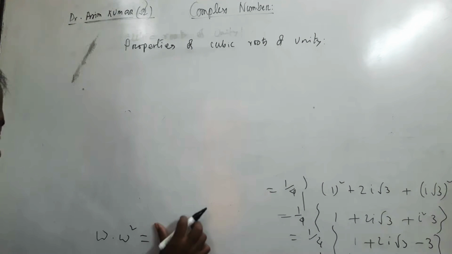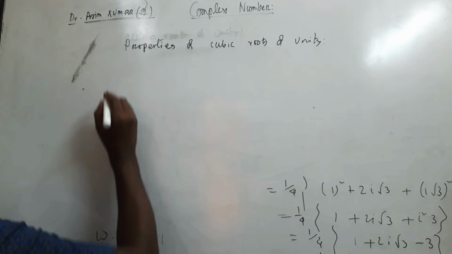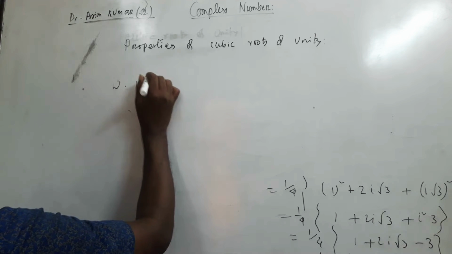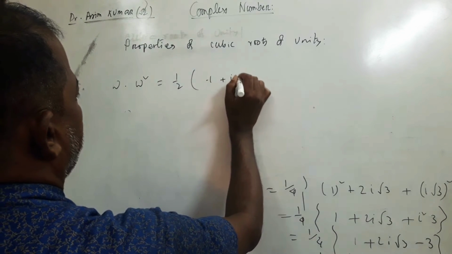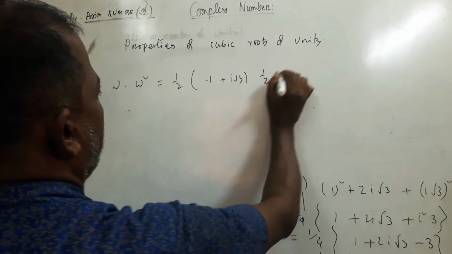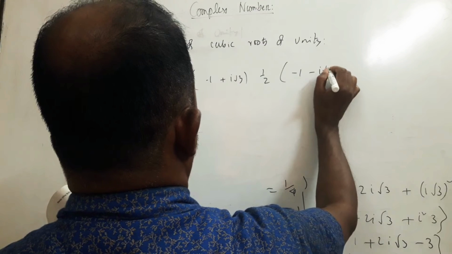Omega cube equals 1. Well, omega and omega square are half into minus 1 plus i root 3 and half into minus 1 minus i root 3.